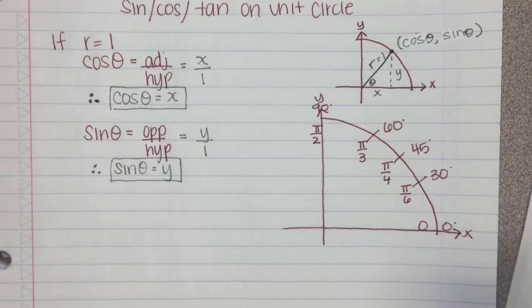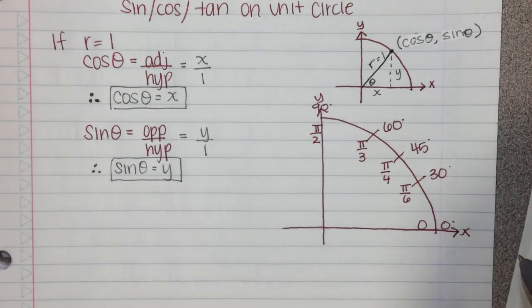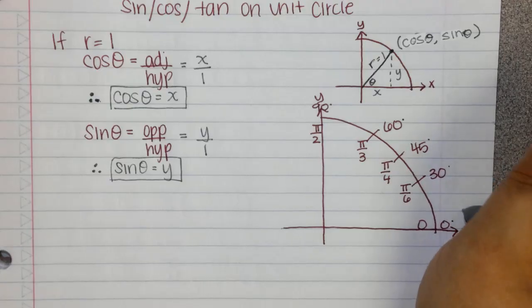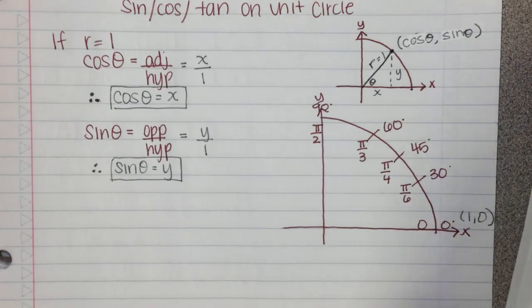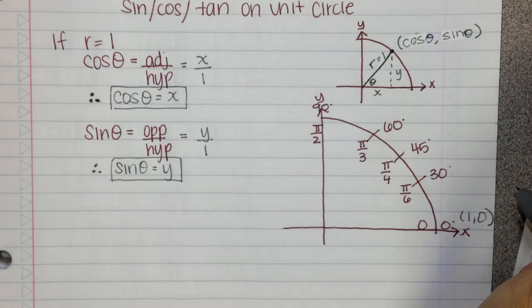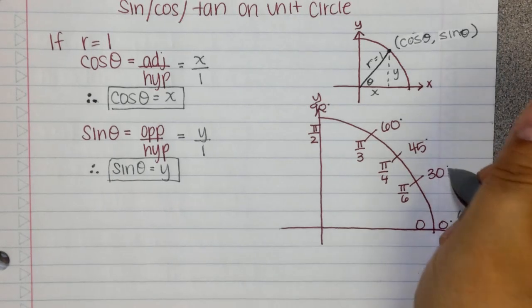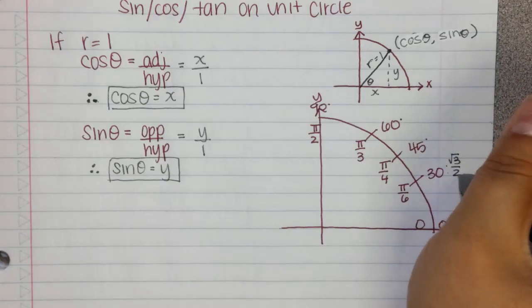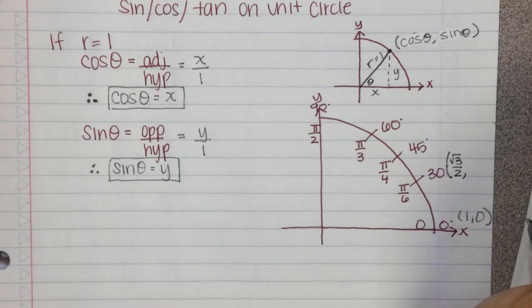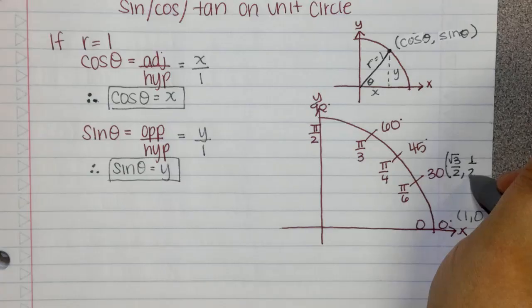What was my coordinate for 0 degrees? 1, 0. For 30 degrees? Square root of 3 over 2. So then what's the other one going to be? 1/2.